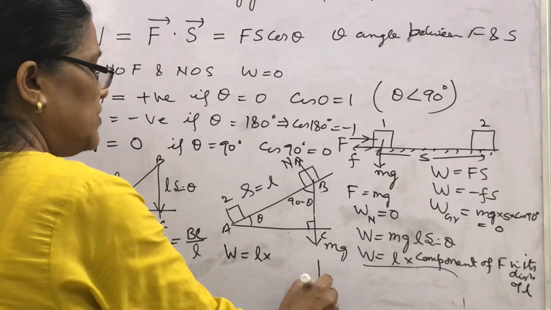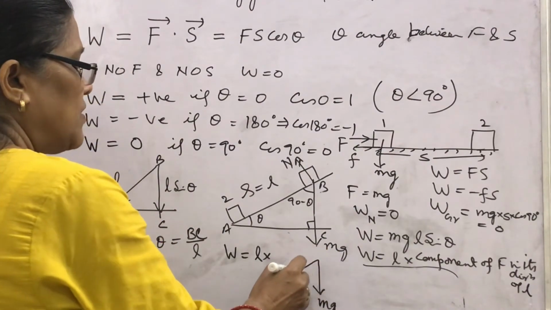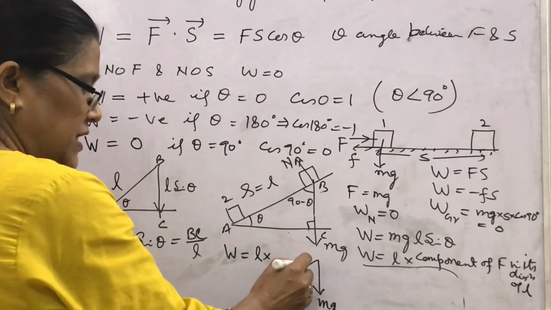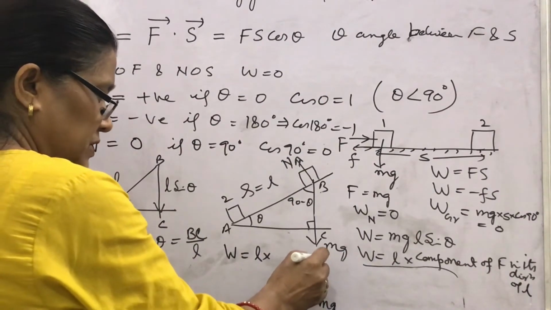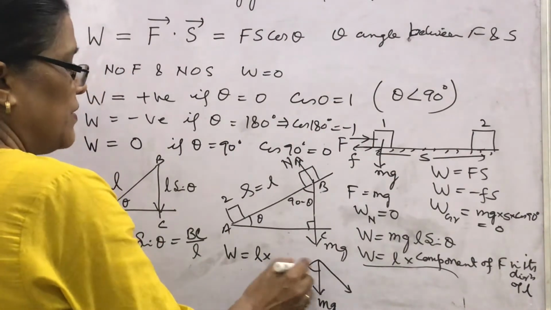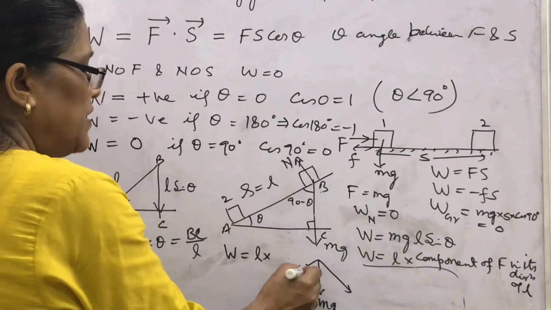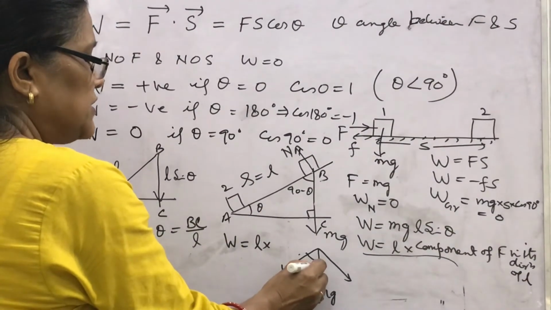This is the force mg. Then what will be the part of this force in this direction? The force can be broken into two perpendicular components like this. This angle, as usual from here, is 90 minus theta.